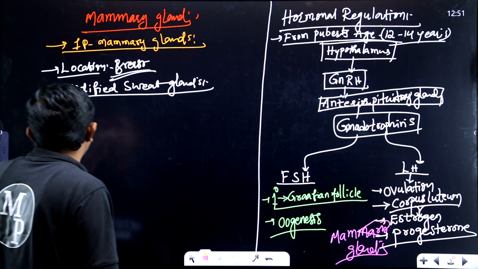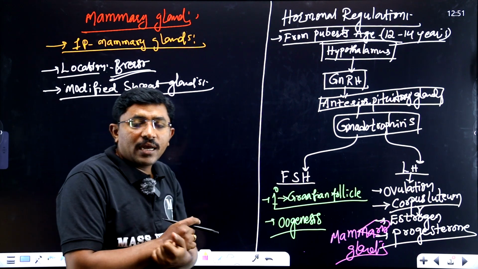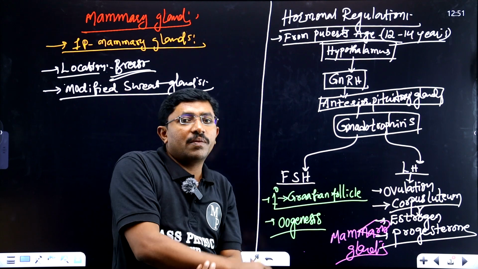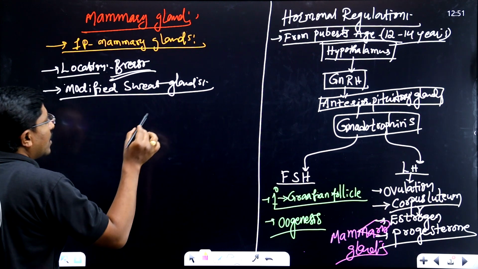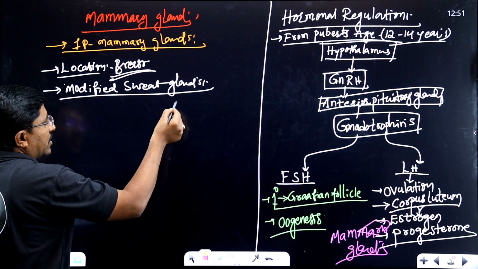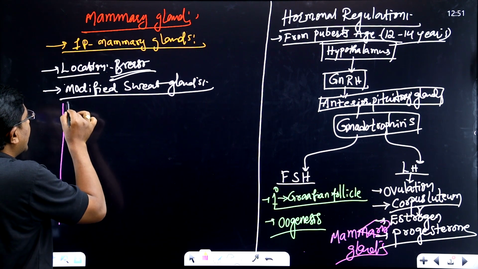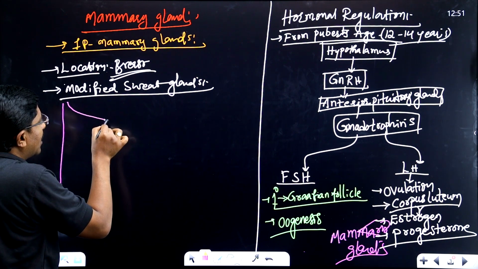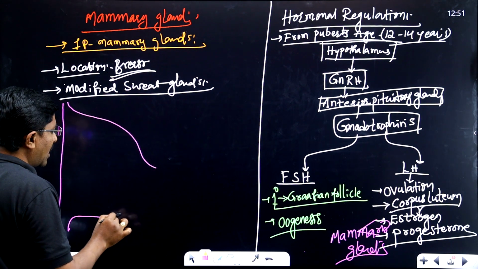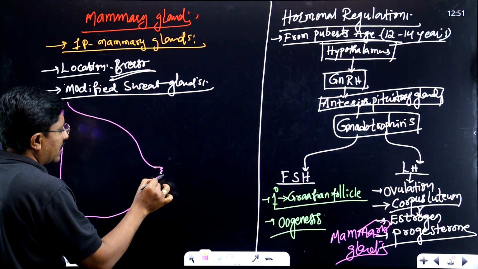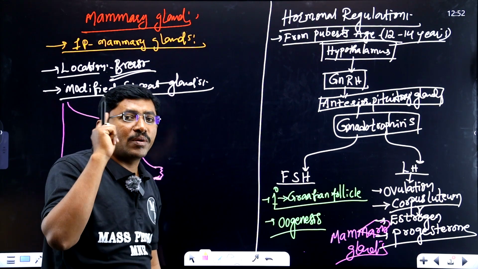I'll give the entire information. What is the shape of the mammary gland, and what are the internal structures of the mammary gland? We'll discuss. At the time of puberty, the mammary glands are in the thoracic region. The large fat bodies here get modified into the mammary glands.